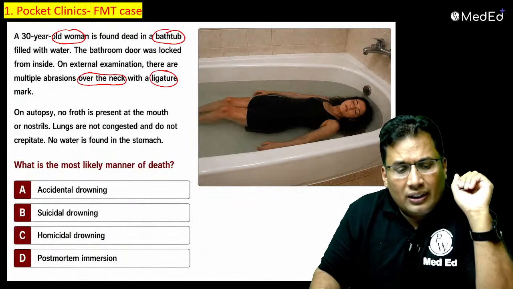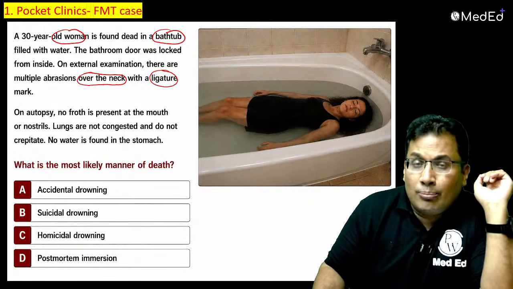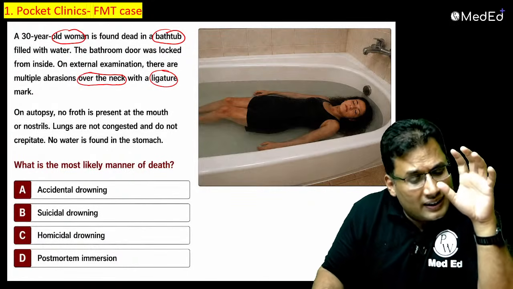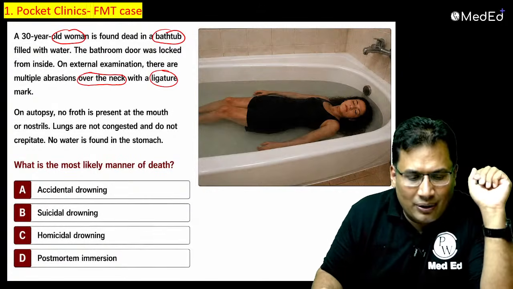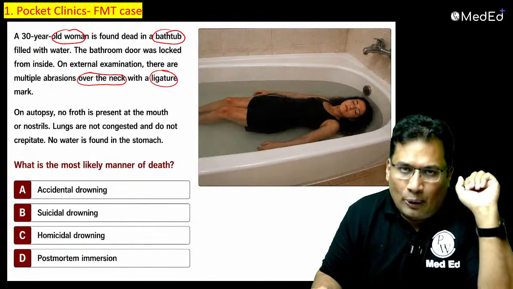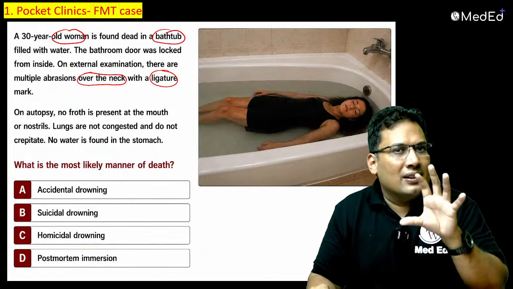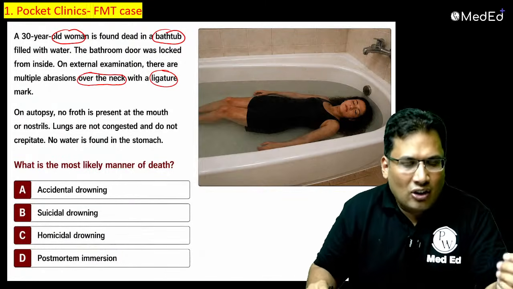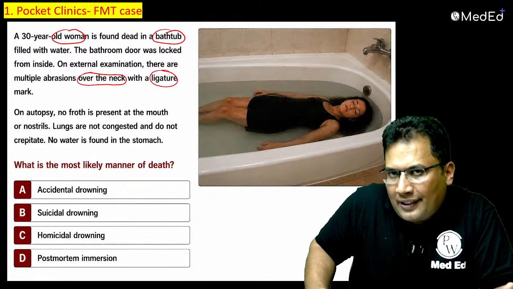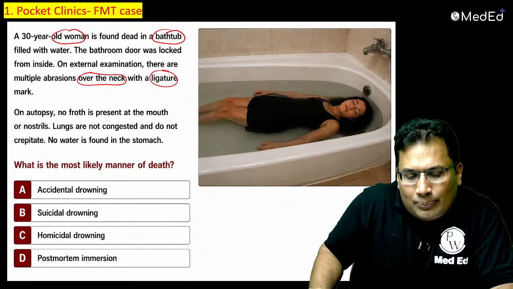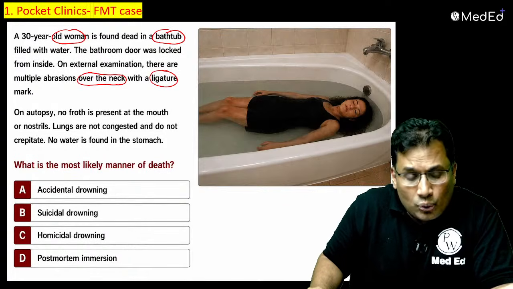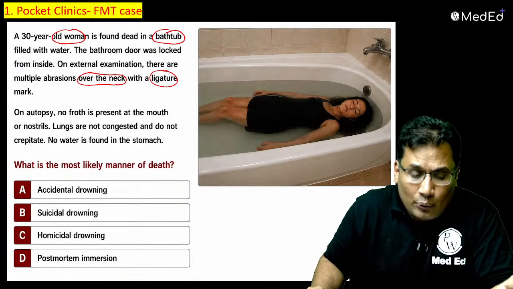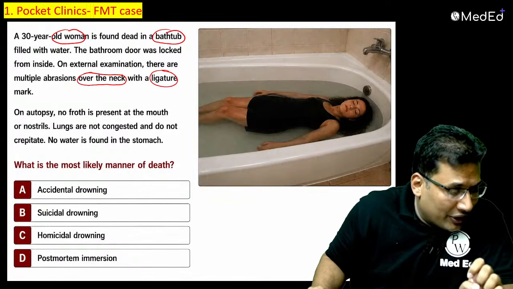On autopsy, no froth is present at the mouth and nostril. Lungs are not congested and there are no crepitations. No water is found in the stomach. This is one common case in forensic medicine. What is the most likely manner of death? Accidental drowning, suicidal drowning, homicidal drowning, post-mortem immersion.